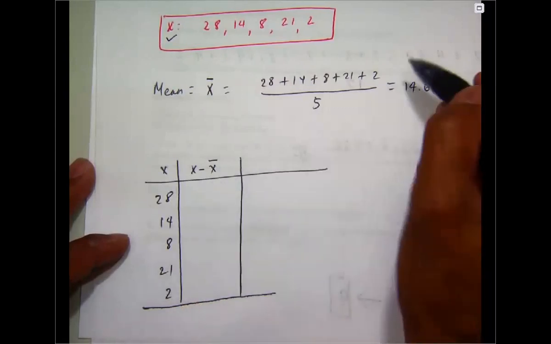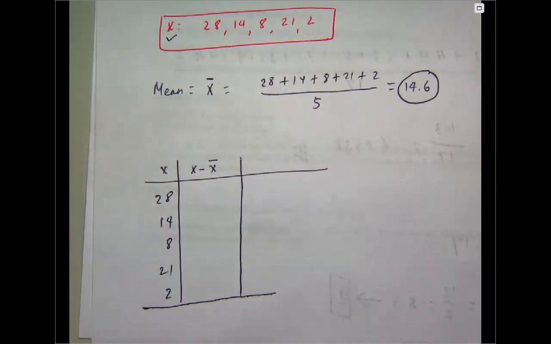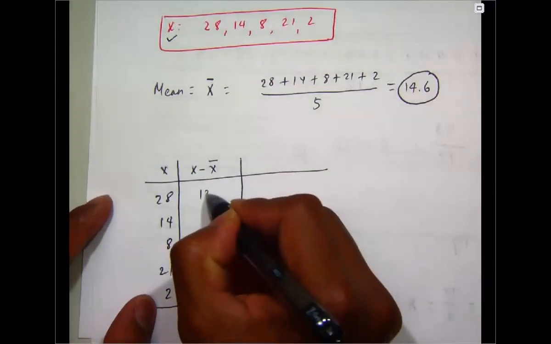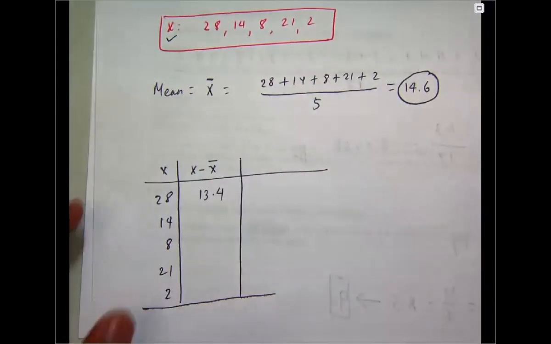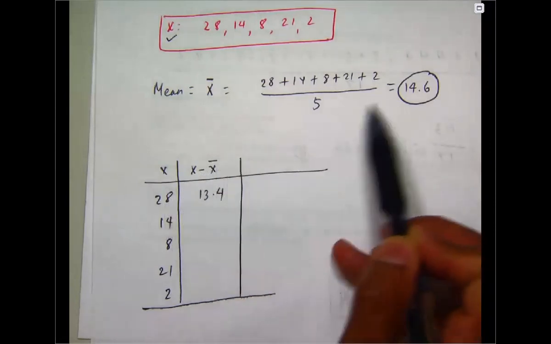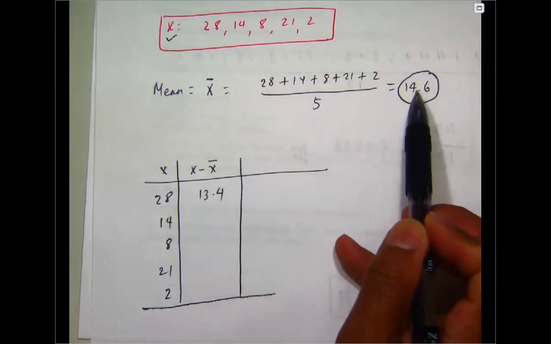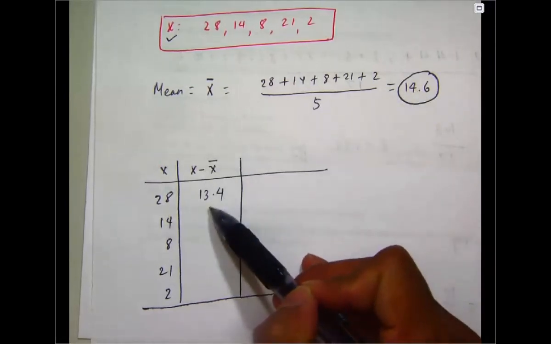Don't forget that X bar is 14.6, right? So 28 minus 14.6 is, what is that? It's 13.4. Am I right? X means 28, X bar means 14.6. So 28 minus 14.6 is 13.4.